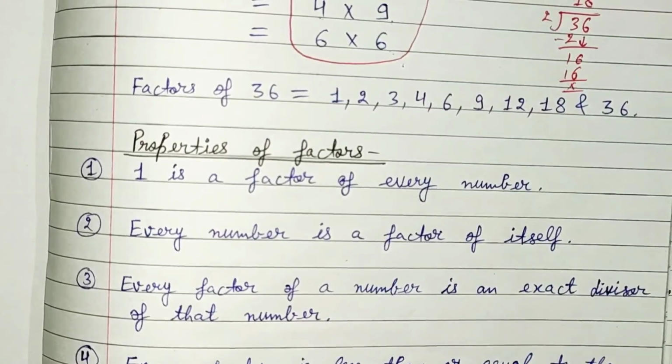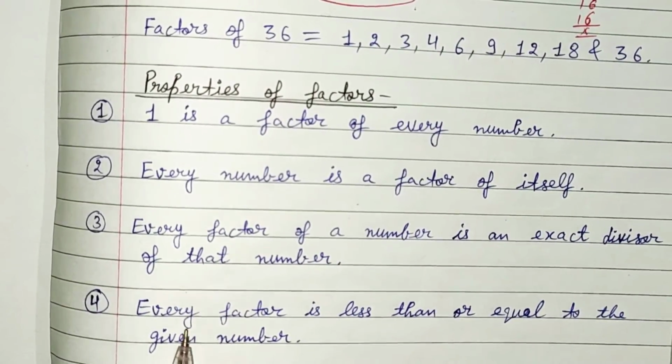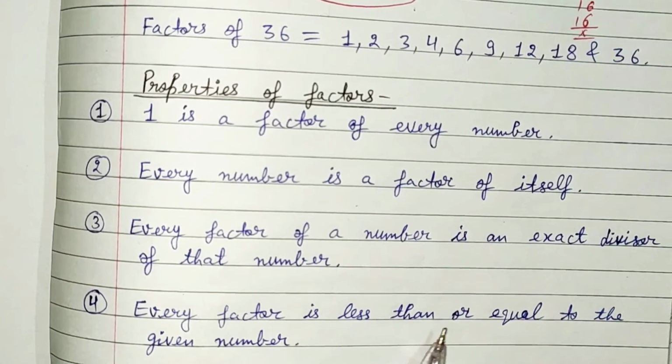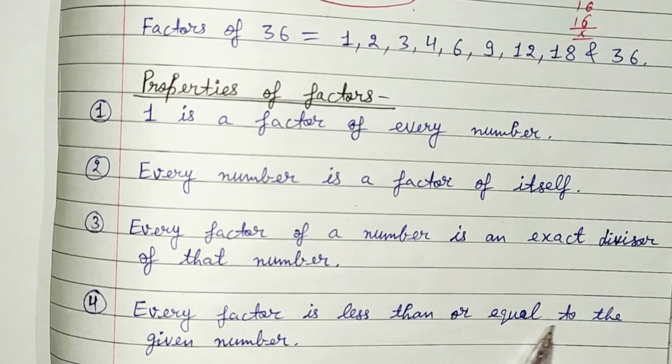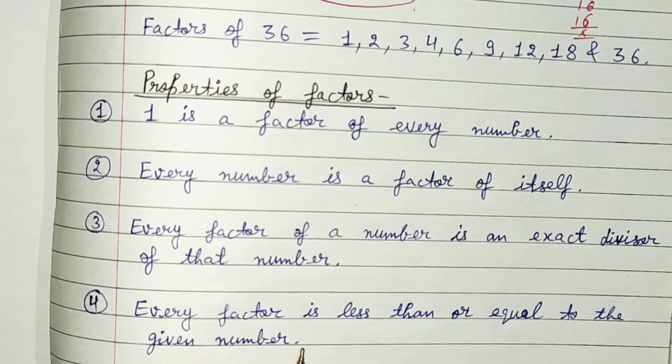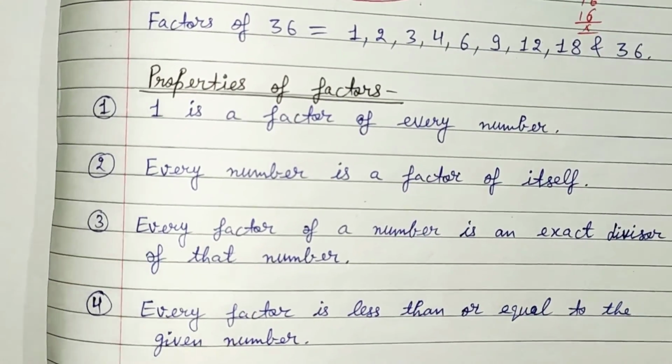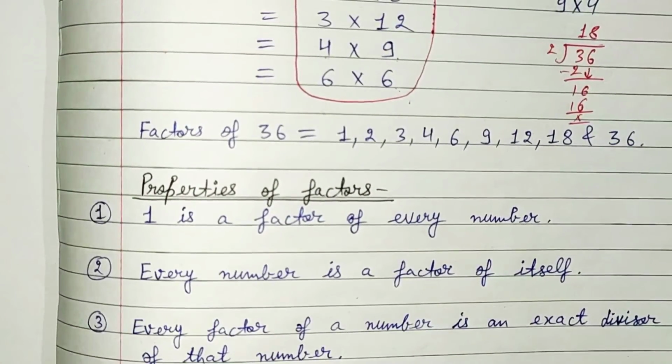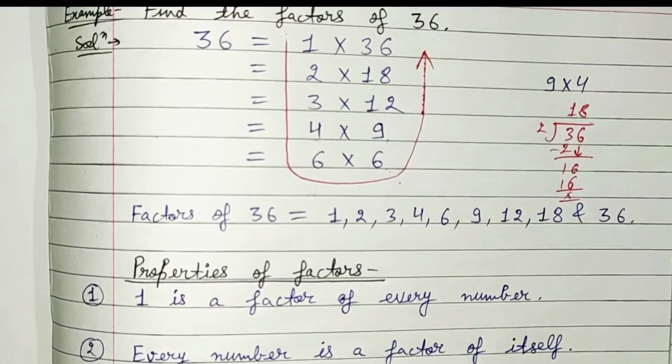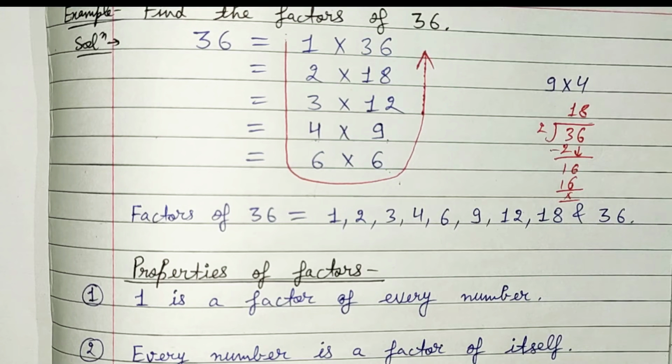Now the fourth property is: every factor is less than or equal to the given number. I told you this already in the last example when we had 4. The factors we took were 1, 2 and 4, meaning equal to 4 or lesser than 4.